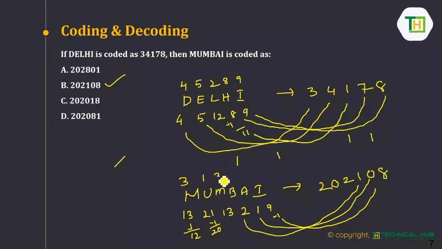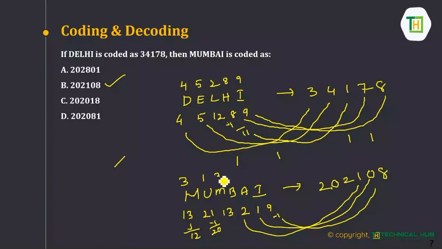First the numbers: G is 7, U is 21, L is 12, M is 13, O is 15, H is 8, A is 1, R is 18. So it is changed. T is 20, F is 6, O is 15, N is 14, L is 12, S is 19, Z is 26, and I is 9.